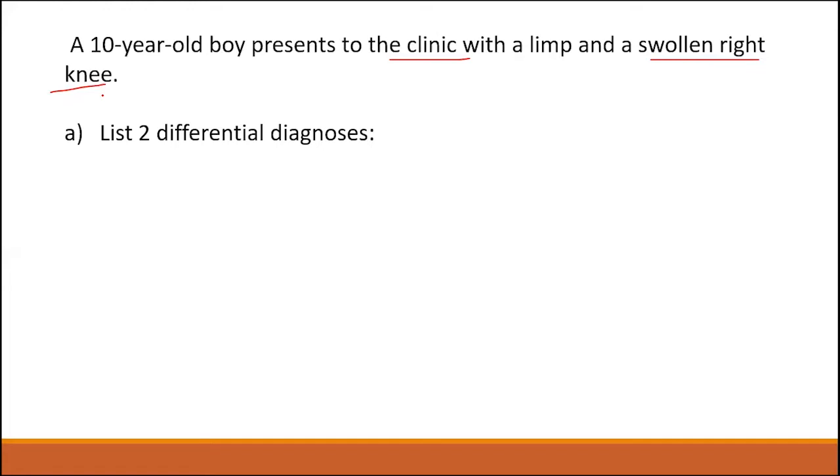Two, the person can start bleeding inside the joint spaces, and that can lead to a swollen knee or arthritis. So we call it hemoarthrosis of the right knee joint from hemophilia.